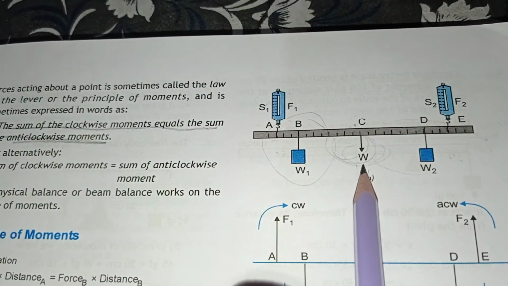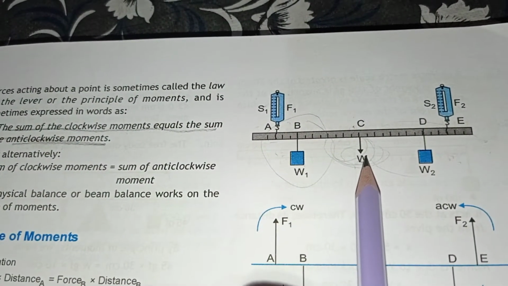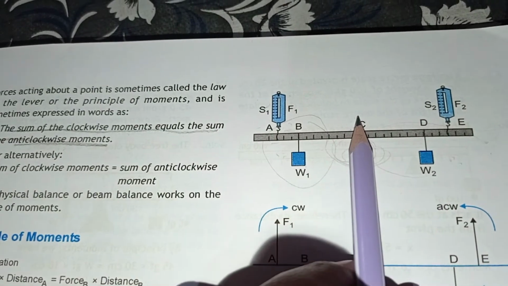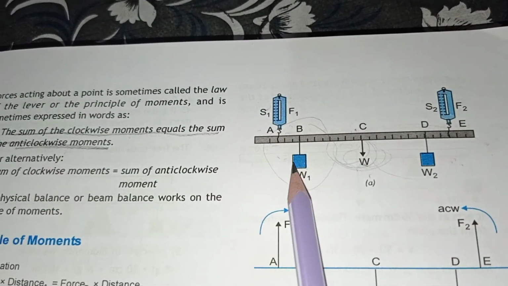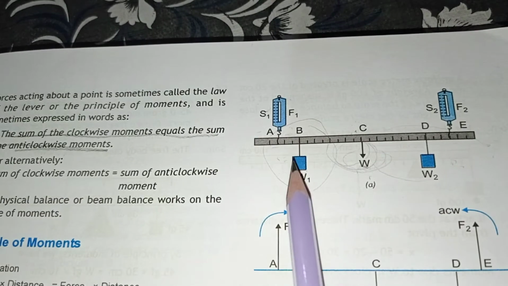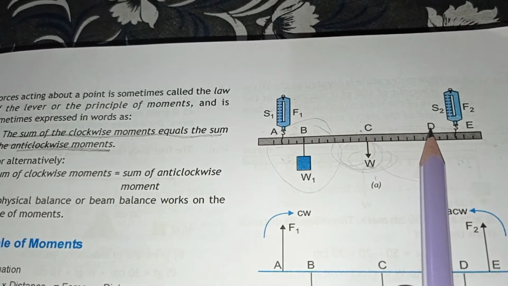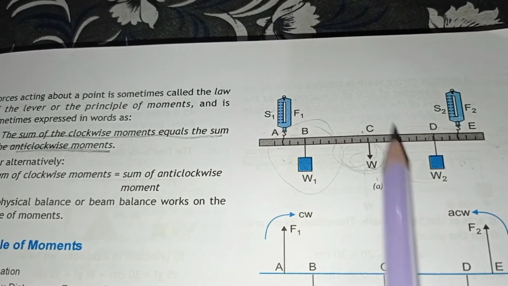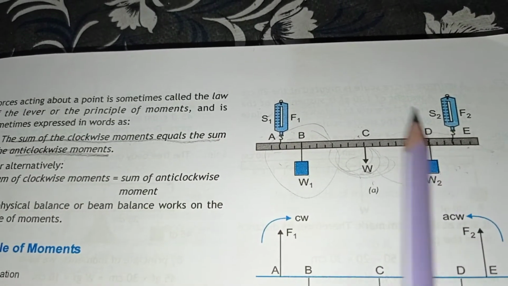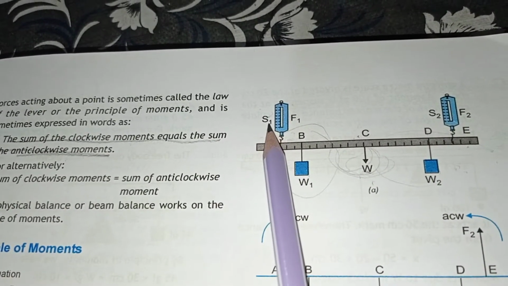W1 is hung from point B and W2 is another weight hung from point D, and the meter scale is suspended by two springs S1 and S2.